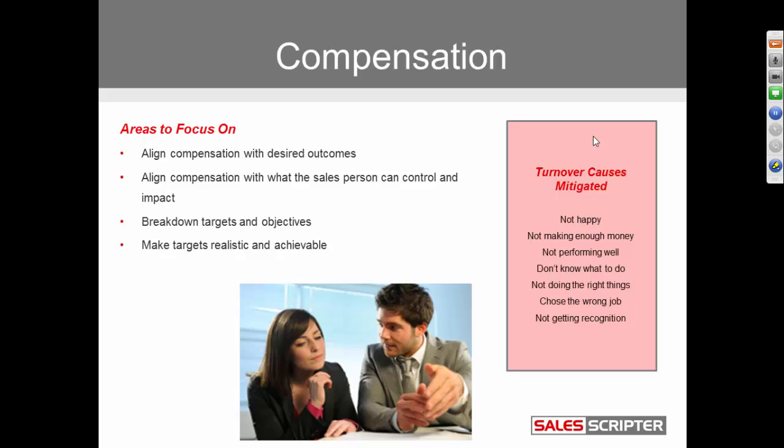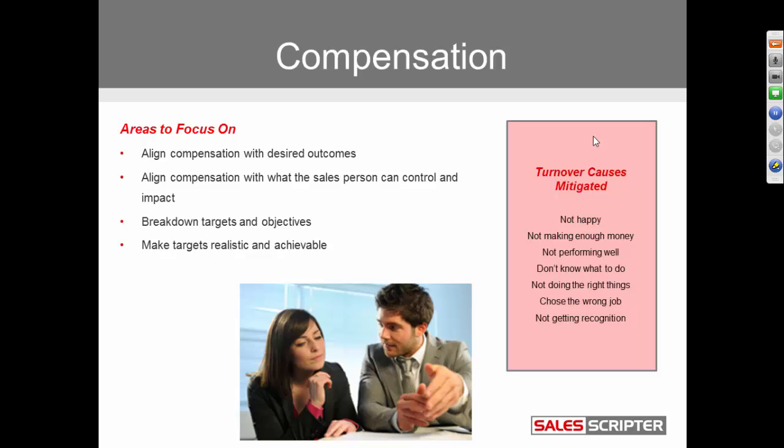Meaning, if they need you to generate new leads and generate new business, have the compensation weighted towards that, versus renewing existing contracts. And also make sure that the compensation is designed so that the salesperson can impact and control their level of outcome, right?